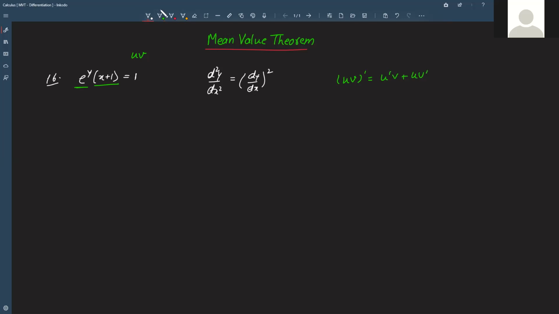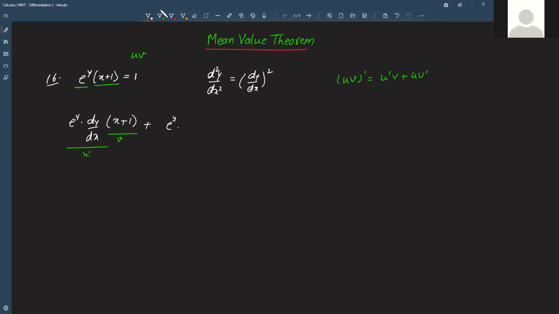First, differentiate the first function, that is e to the power y with respect to x. So that will become e to the power y into dy by dx into x plus 1, right? And plus, so this entire thing is u dash, and this is your v. So u dash into v. Next, what do we have to do? We have to write u as it is, so e to the power y as it is, into differentiation of x plus 1.